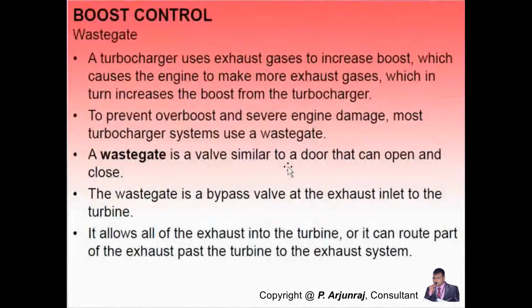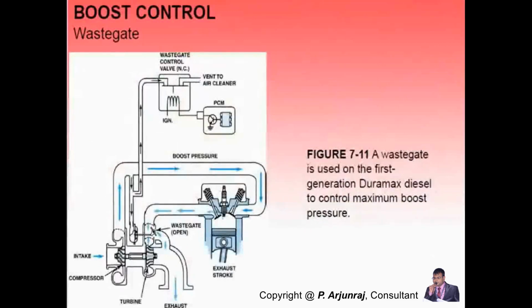Basically, it's a bypass valve connected at the exhaust inlet to the turbine. I will explain that with the help of a drawing. The wastegate will allow all the exhaust into the turbine, or it can route some of the exhaust past the turbine to the exhaust system. With the help of this drawing, I am going to explain.